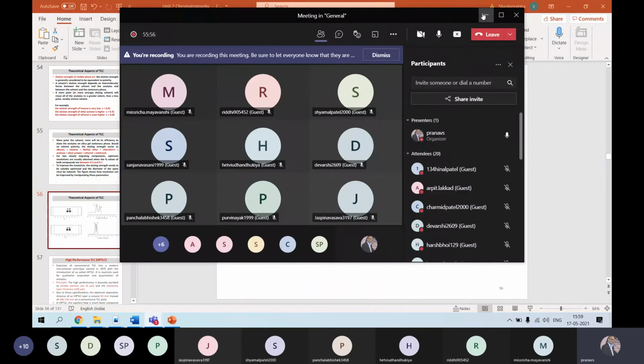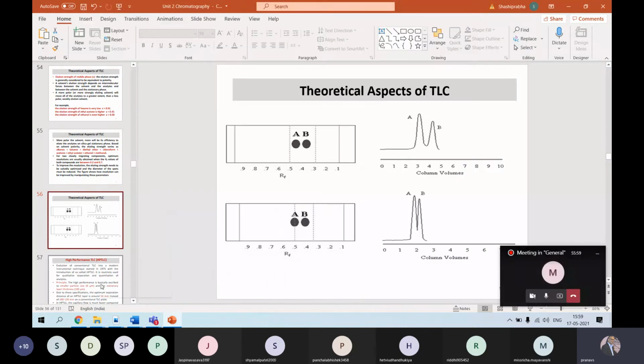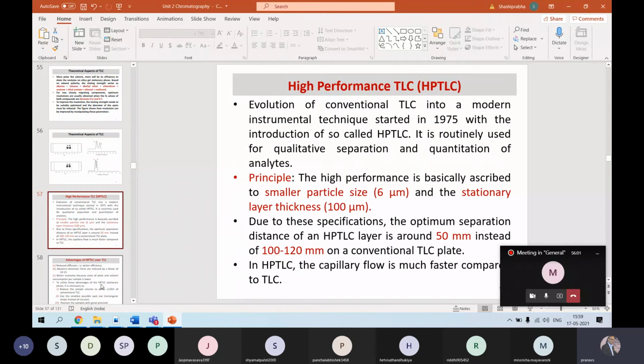I'll just quickly move on to the high performance version of this. This is basically the higher version of TLC. As I said, TLC is used for qualitative analysis only, not for quantitative analysis. Now with high performance TLC, one can use this technique for qualitative and, of course, quantitative analysis.